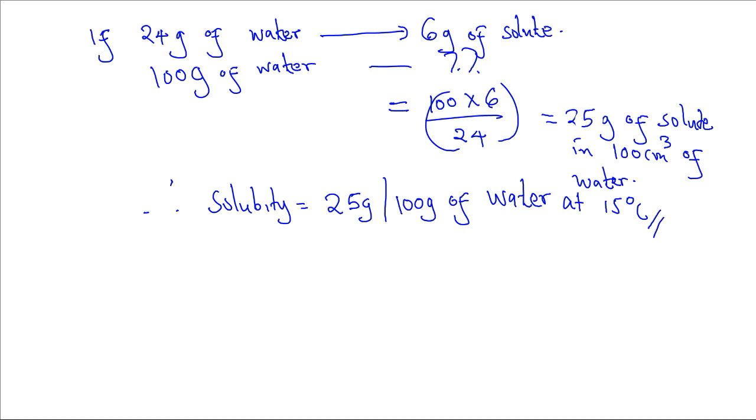So we have to mention the 100 grams of water and also state the temperature, and that is the full way of writing solubility. Now, if you have calculated the solubility, it has to be put in that form by stating even the temperature.